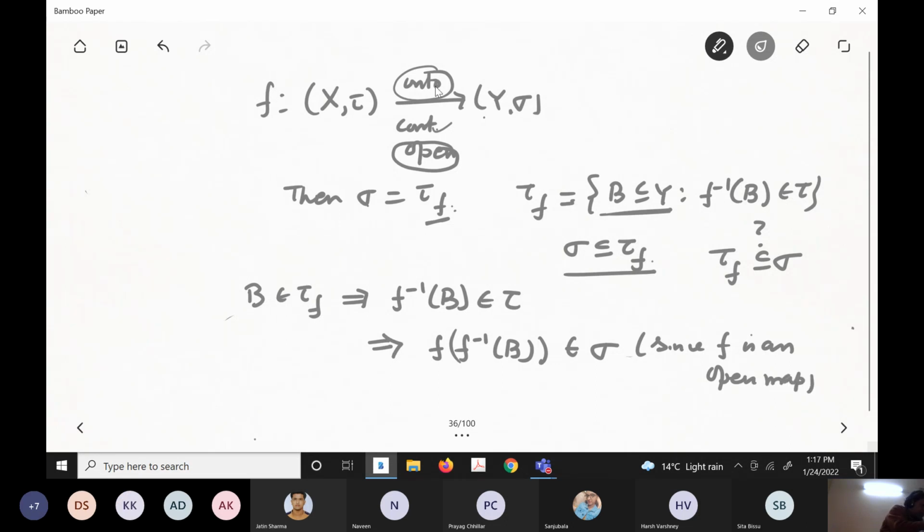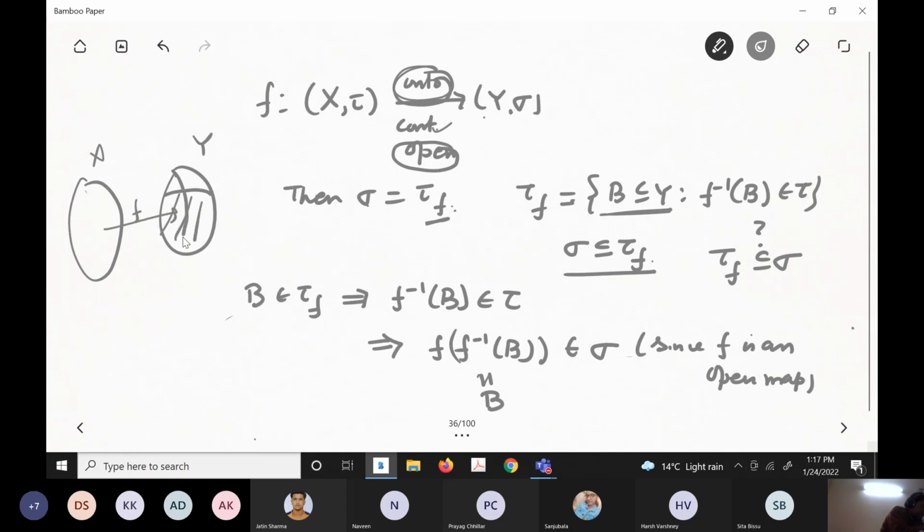But now look, why will you need onto? F of F inverse V will be equal to V provided F is onto. Because when you are taking pre-image and going back, you may not be able to recover the whole thing. Look here, X, Y. Suppose this is not onto, so suppose this much is covered by the map.